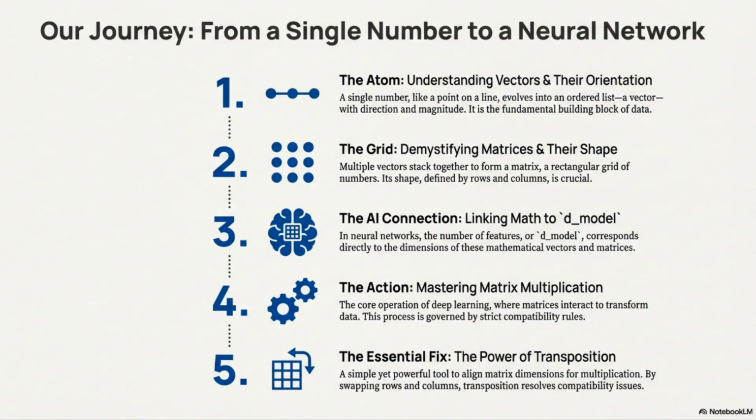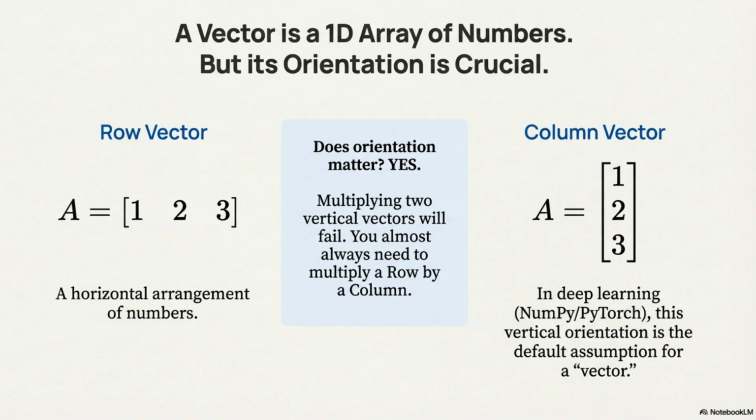A vector is simply a one-dimensional list of numbers. You can picture it as a row, for example, the numbers 1, 2, and 3 written across on a single line, or you can picture it as a column, with 1 on top, then 2 below it, then 3. The orientation really matters.